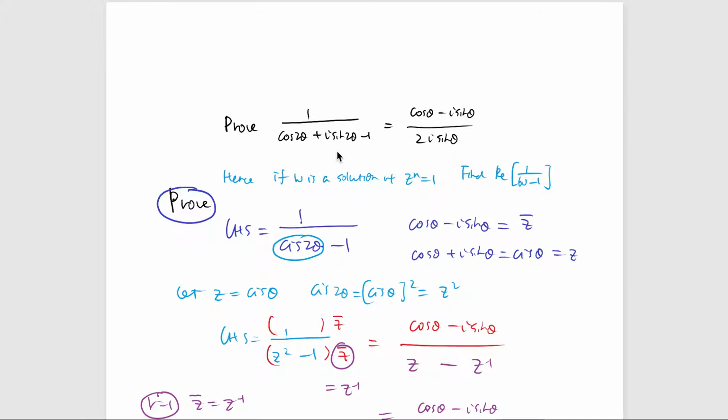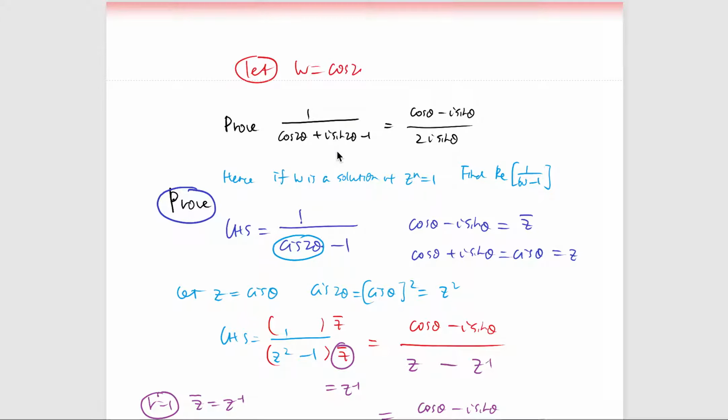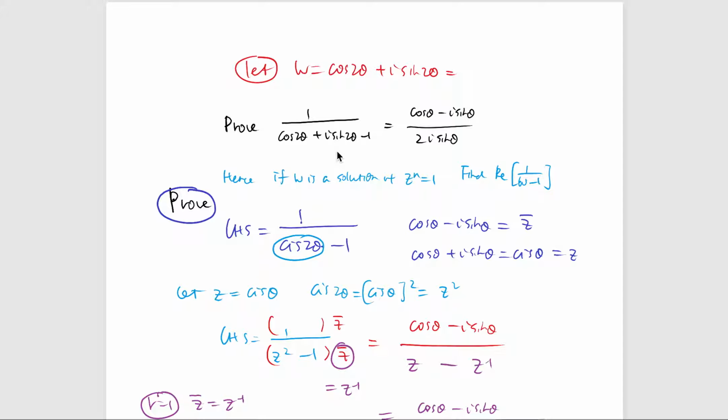So we just let w equal cos 2 theta plus i sin 2 theta. Remember, our w originally equals cis 2 multiplied by pi over n. So this 2 fits perfectly. You just need to let theta equal pi over n.